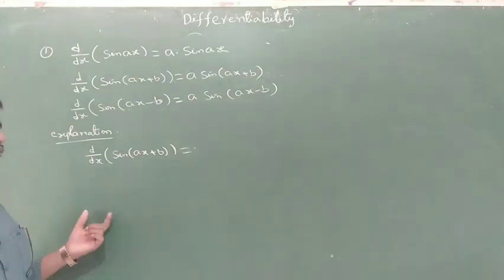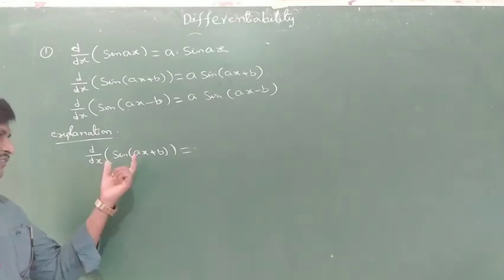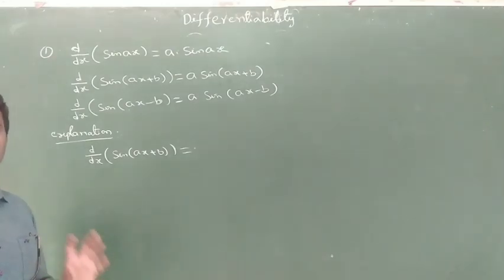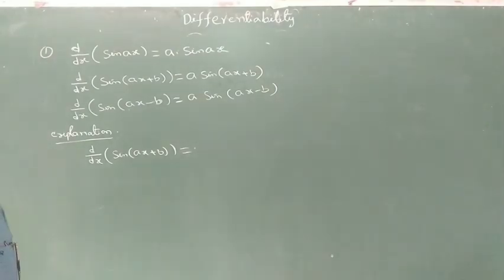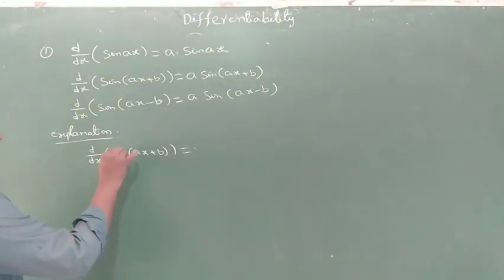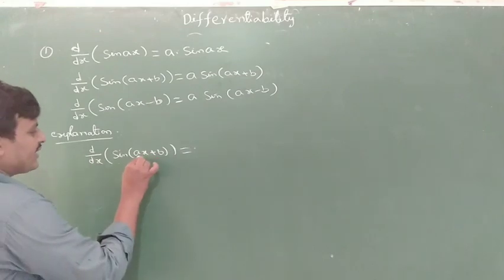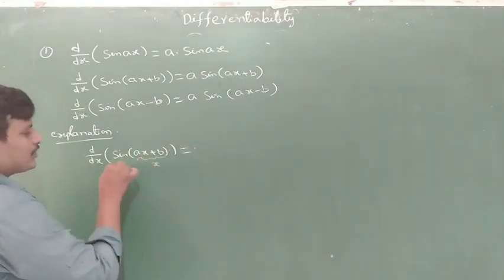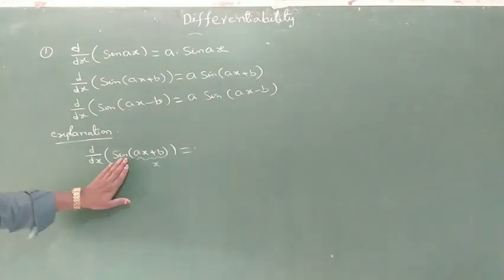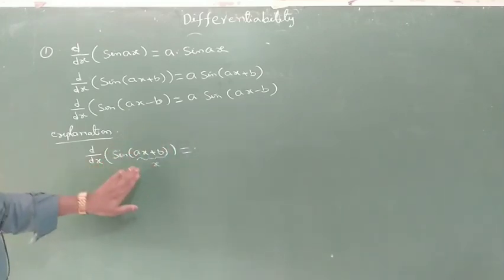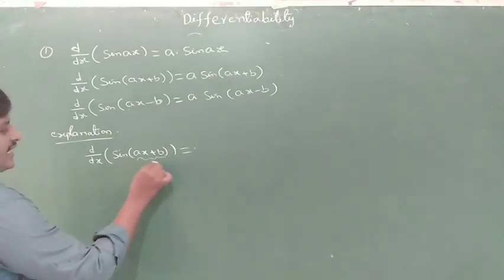First we have to decide which function or which formula type the given function is. This is the sine. Sine means the derivative of sin x. The total value inside the sine function is taken as x. This is the formula of sin x.